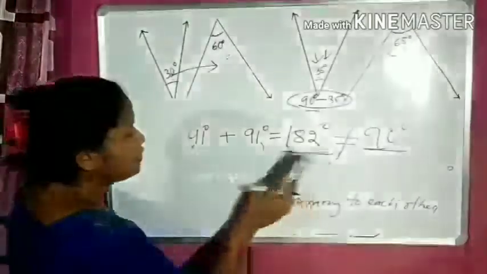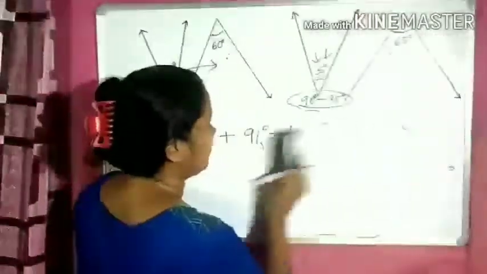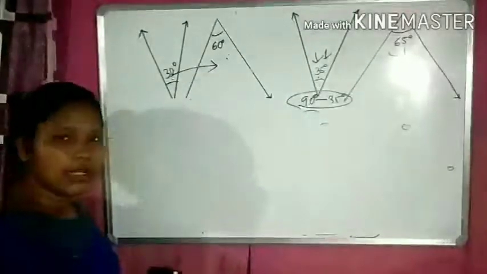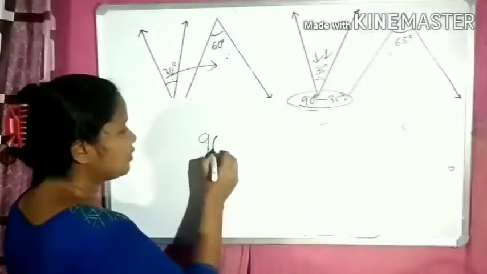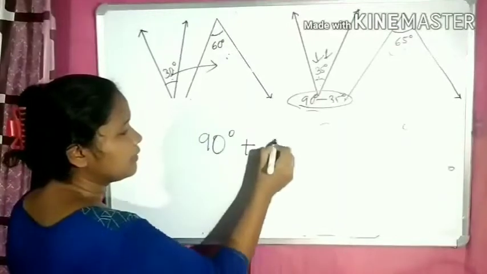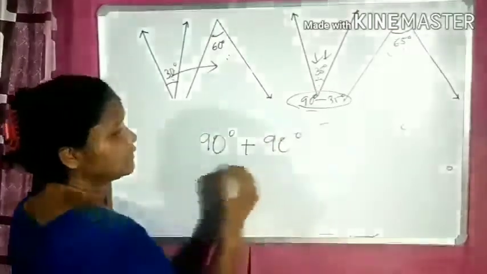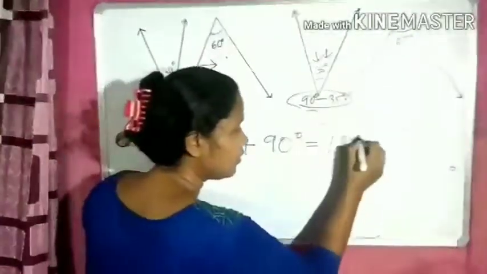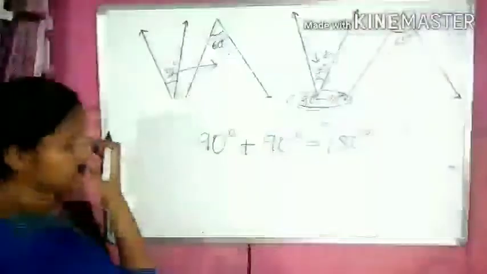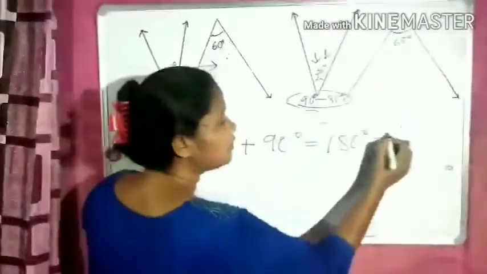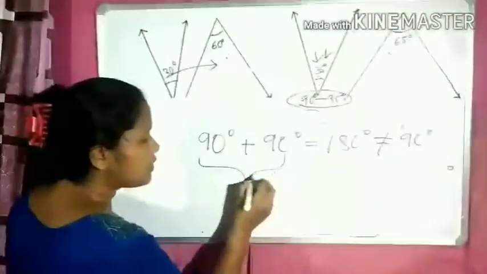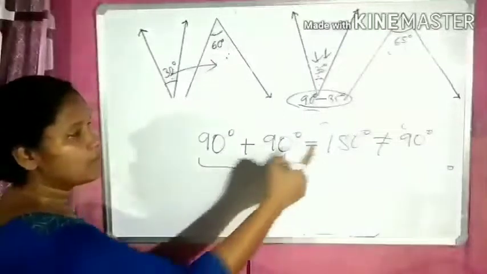So let's see about right angles. So how much is a right angle? 90 degrees plus 90 degrees. How much are you getting? 180 degrees. So this is not equal to 90 degrees. Here also the sum of two right angles is more than 90 degrees, that is not equal to 90 degrees.